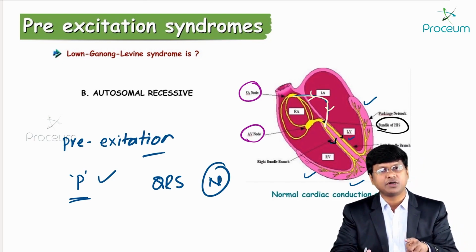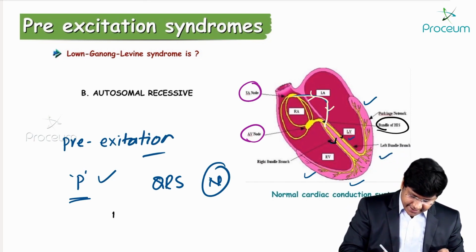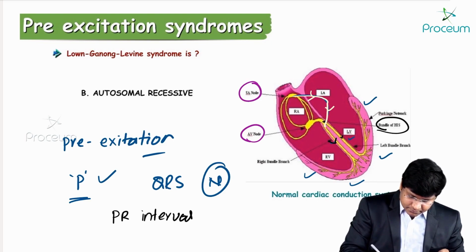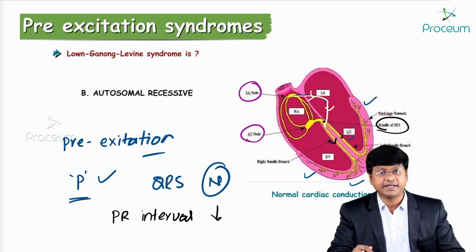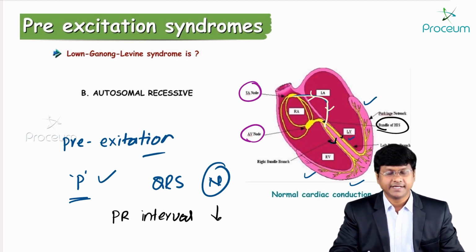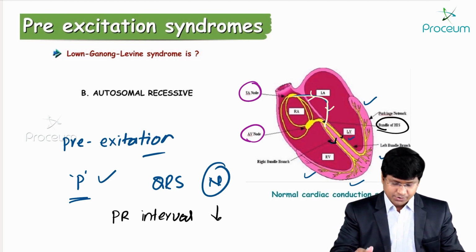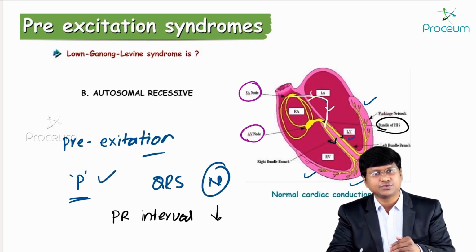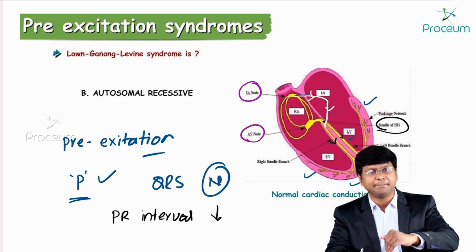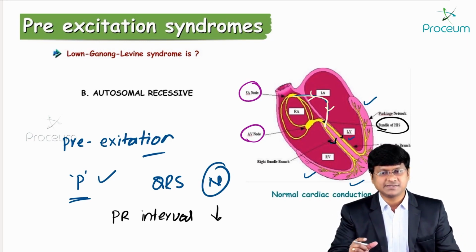But the only thing, what is the abnormality then? The PR interval will be shortened, right? So why will the PR interval be shortened? Because the impulse is not passing through your AV node. The impulse is directly jumping onto the bundle of His. So that is the reason why the PR interval will be shortened.